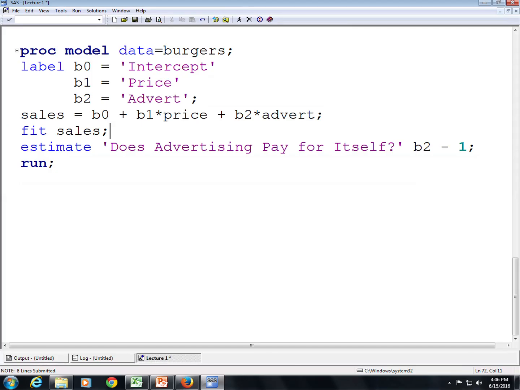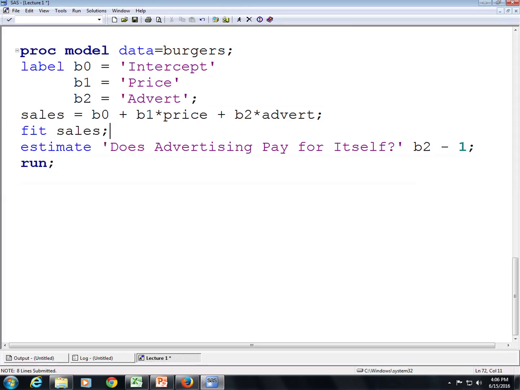I then write out my model. My model is that sales is equal to, I'm writing out the linear model, and then I use the fit statement to fit that model. Once I fit the model, I can perform tests on any particular combination of coefficients. Ultimately, for questions 1 and 2, we're just going to look at the significance test of beta 1 and beta 2.